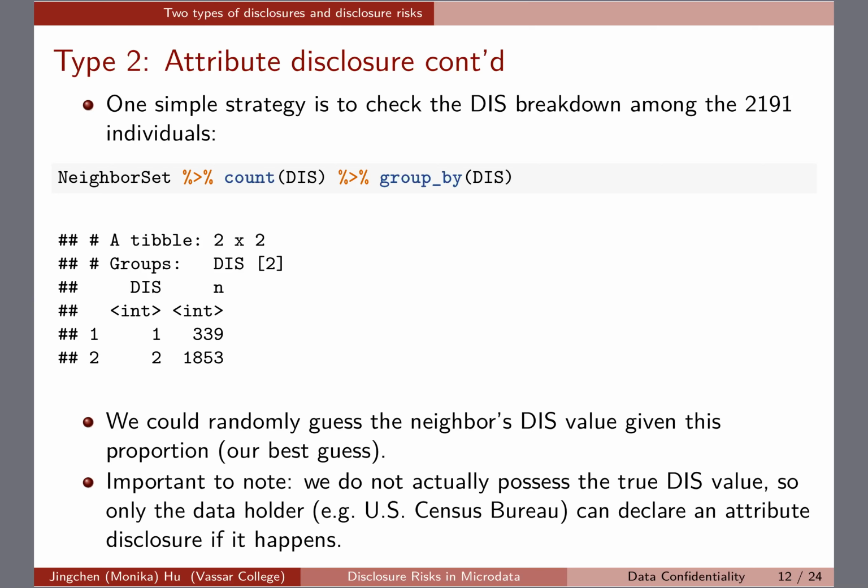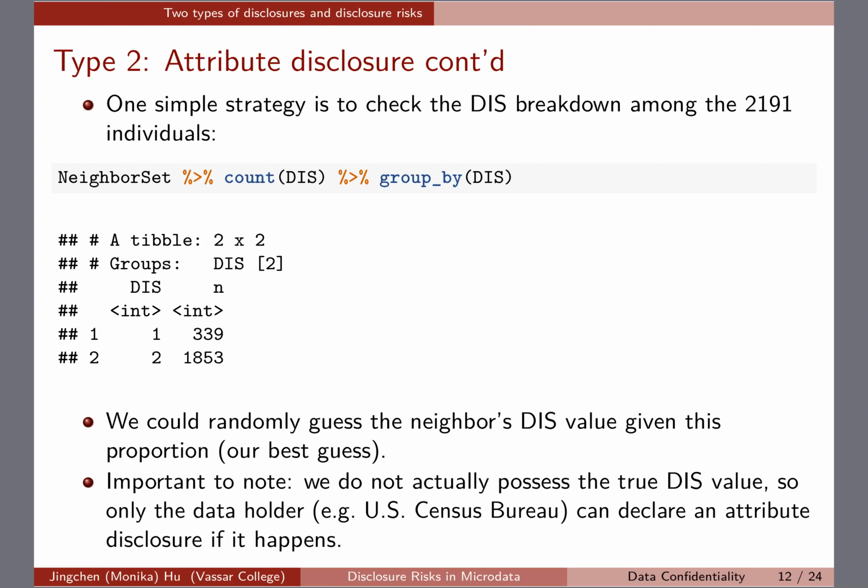So Isaac's question is, do we have a rule saying when and how we can declare attribute disclosure? I wouldn't know exactly the correct answer to that question. In my mind, usually what I think of as declaring is whenever agencies are trying to release their data, whenever they add noise or whatever they do for privacy protection, they want to make sure that they cover the worst case scenario.